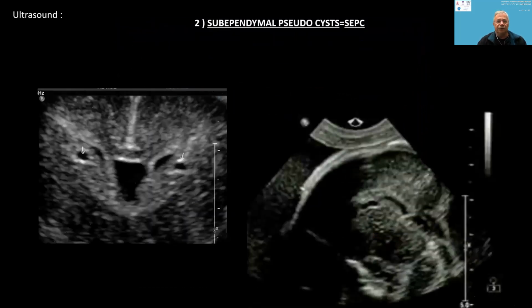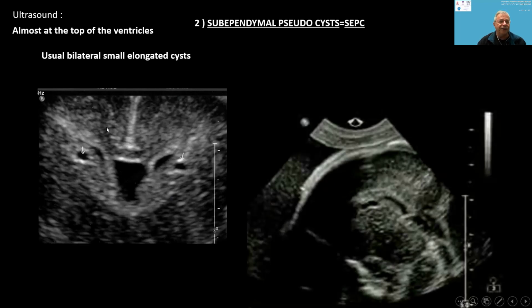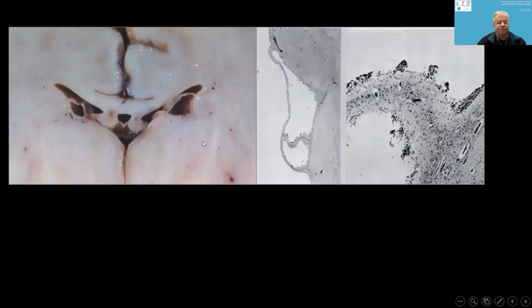The second group is the subependymal pseudocysts. In ultrasound, they are almost at the top of the ventricle and frontal lobes. This is a sagittal section of these cysts, usually bilateral, small, elongated cysts, appearing in the 3rd trimester.